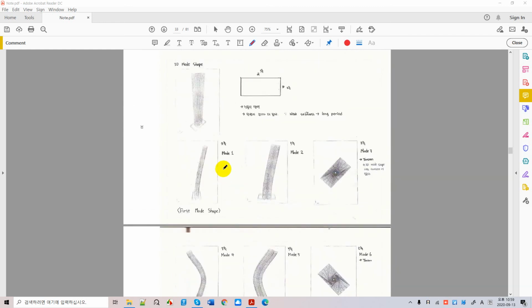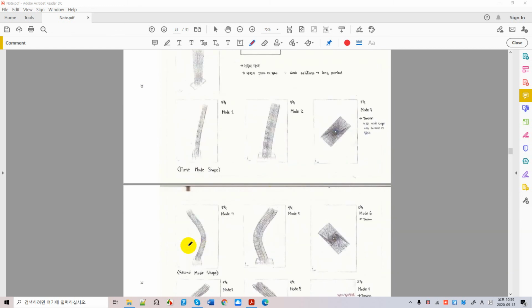For example, as I told you, the first mode is the mode which needs a lot of energy to execute, right? And the second mode needs another fraction of energy to execute, and so on and so forth.